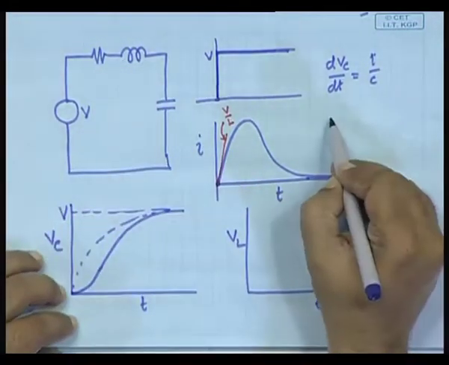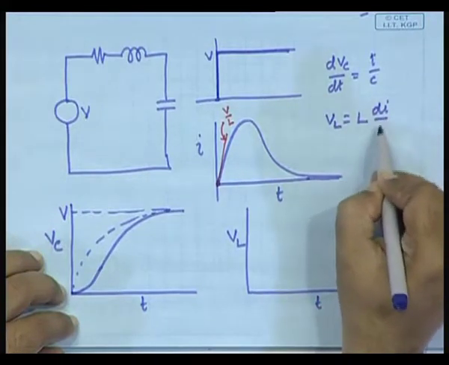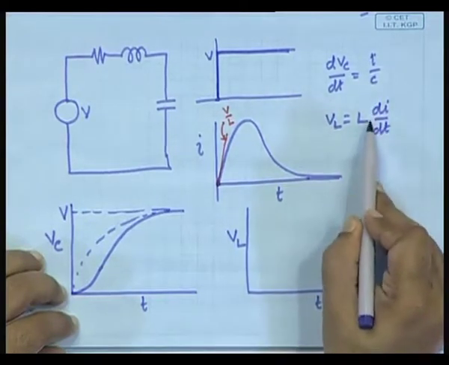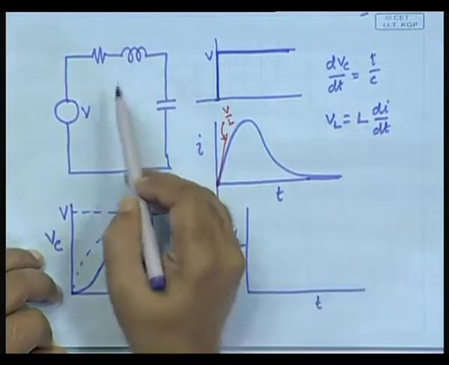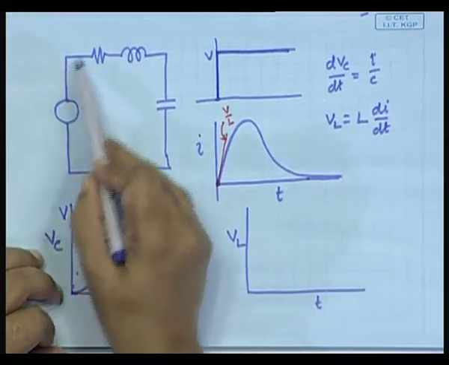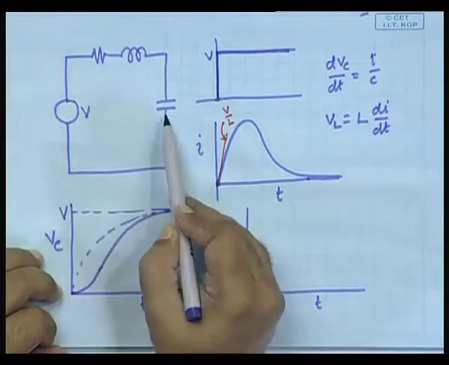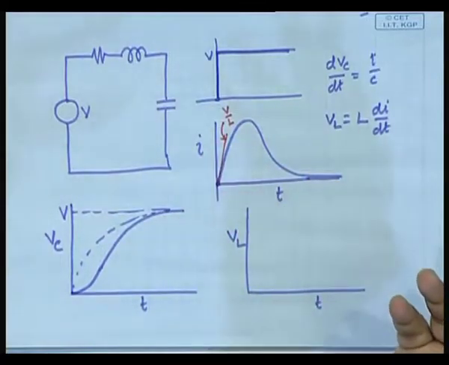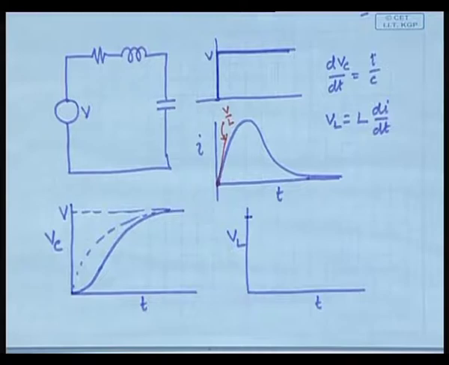So, always VL is equal to L di dt. So, VL's value will be the starting value. Now, you see initially current is 0, therefore, the voltage across this is 0, voltage across this is 0, therefore, the whole voltage appears here. So, starting point has to be V. Okay. So, it starts from here.